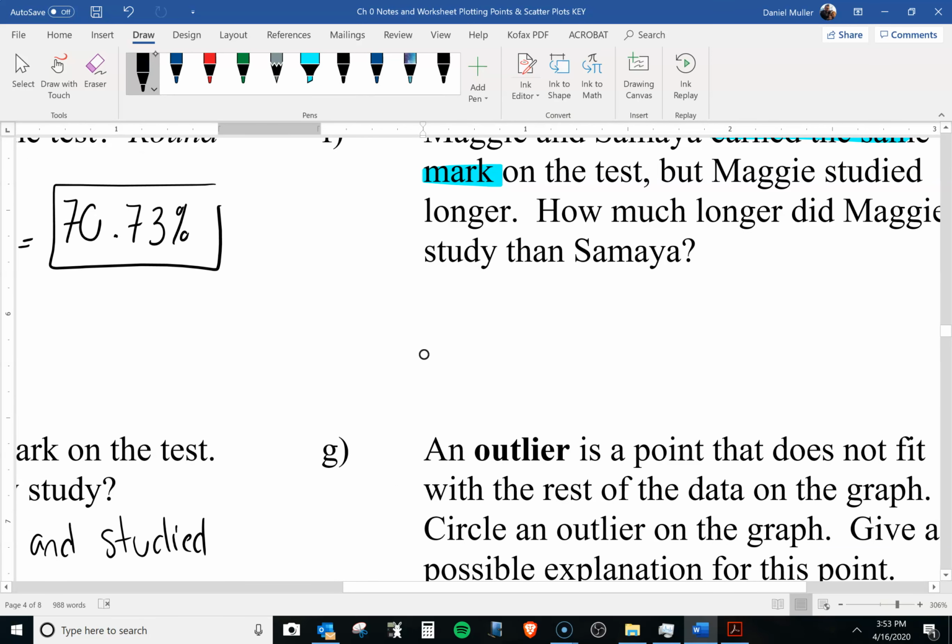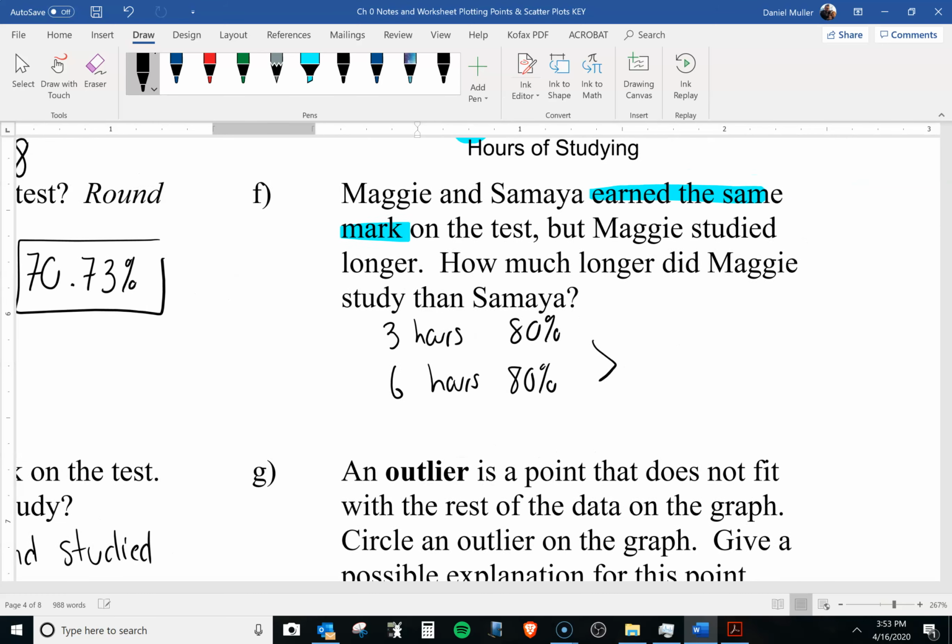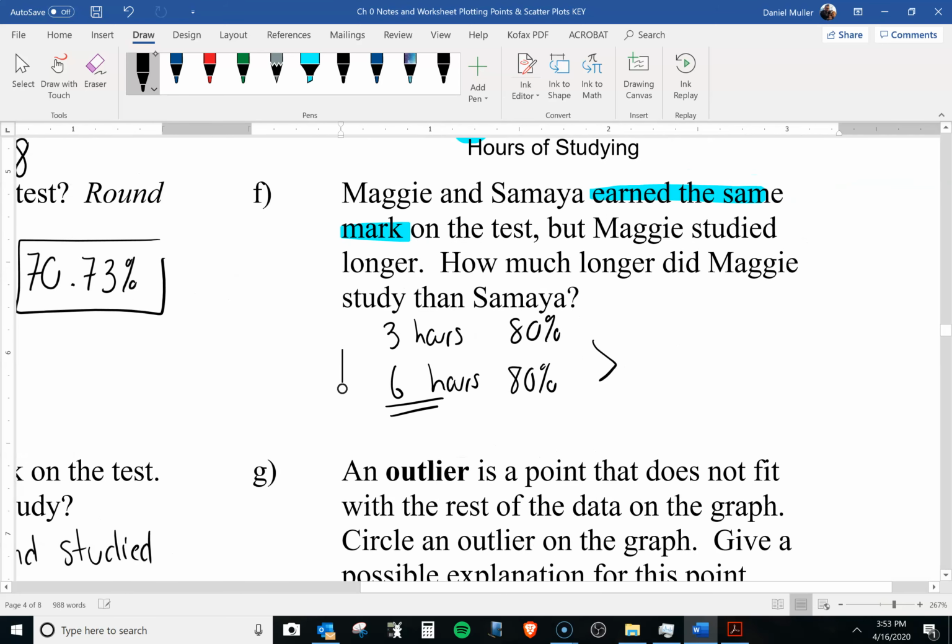So 3 hours, and they got 80%. And then the other person had 6 hours and also got 80%. So how much longer did they study? Well, this person studied 6 hours versus the 3, so 3 hours more.